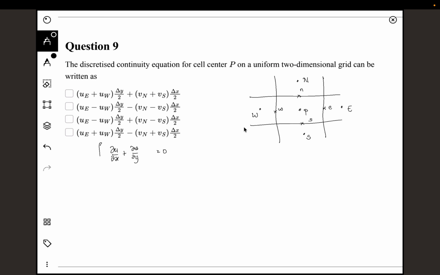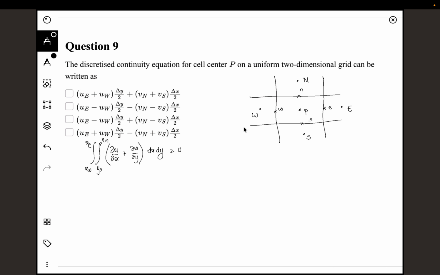And I'm doing integration from west to east, and south to north. This is also straightforward. Del u del x will become the difference of u times delta y.